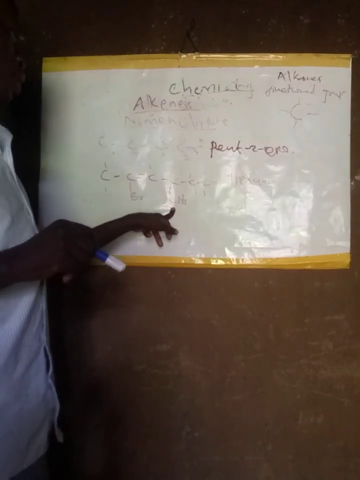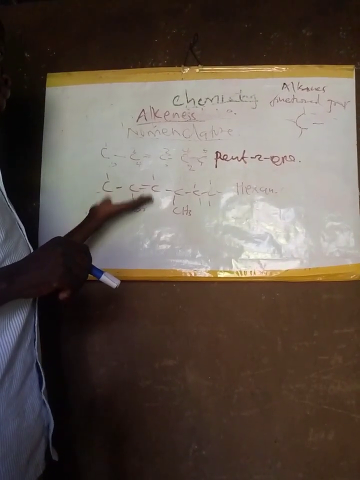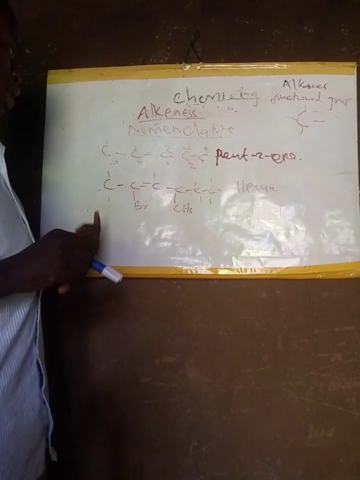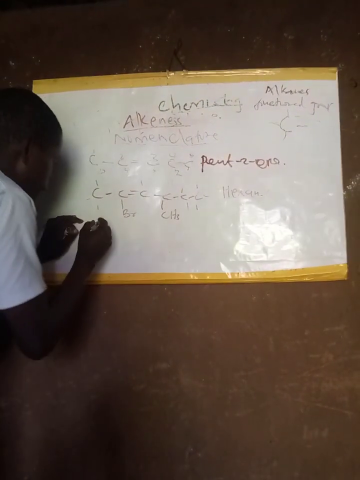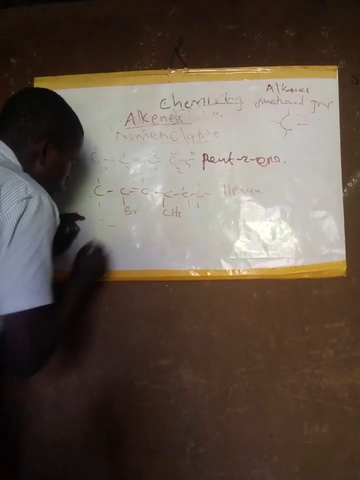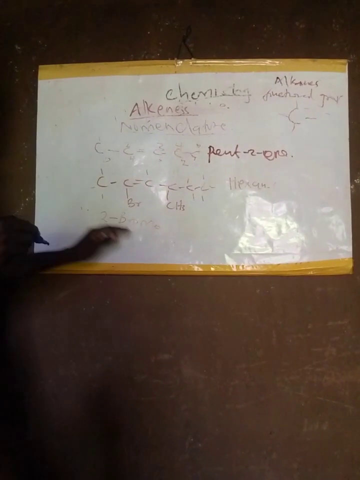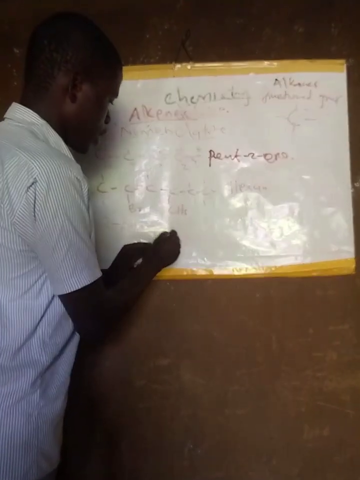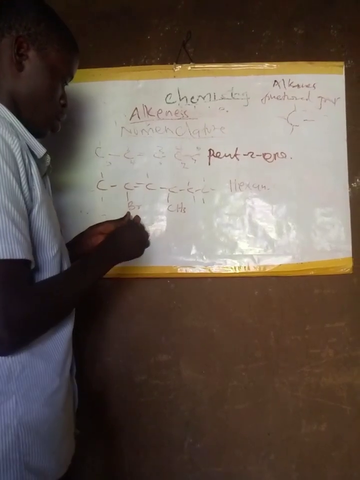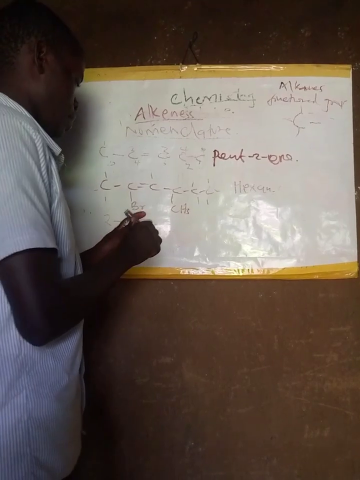Then we also have a methyl group, which is also a substituent. Bromine is attached to carbon number 2. So the name of the compound will be 2-bromo, then hyphen. The name of the substituent and the number is separated by a hyphen.